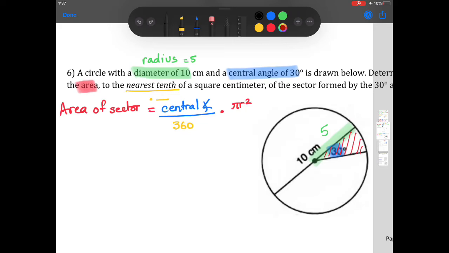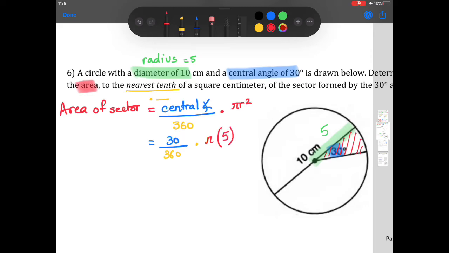So the formula is given to us, and all we're going to do is substitute in. So let's start with that. It's going to be equal to, what is my central angle? 30 over 360 times pi. What's my radius? My radius was 5.